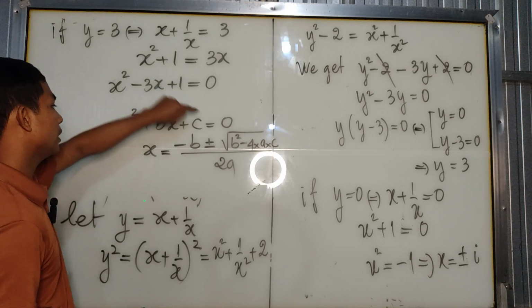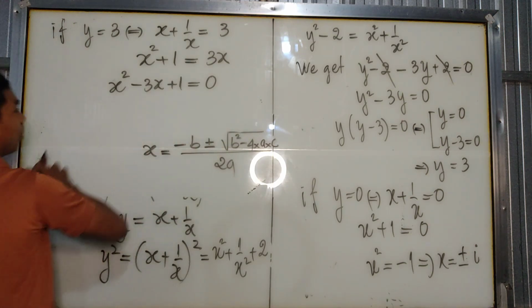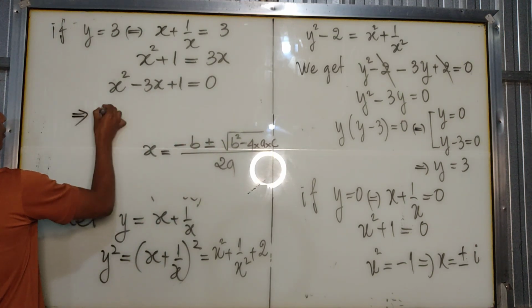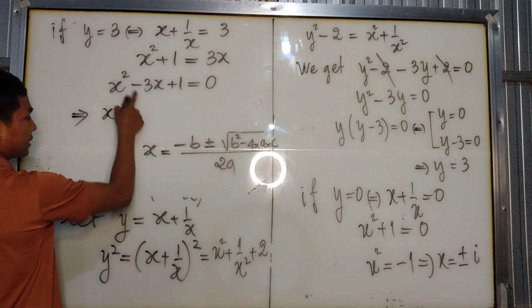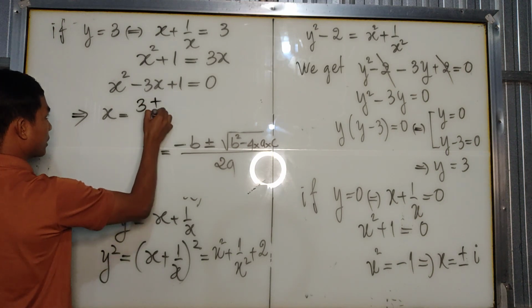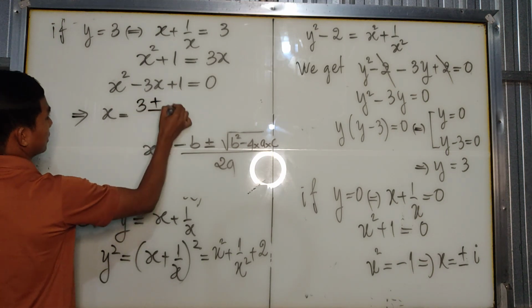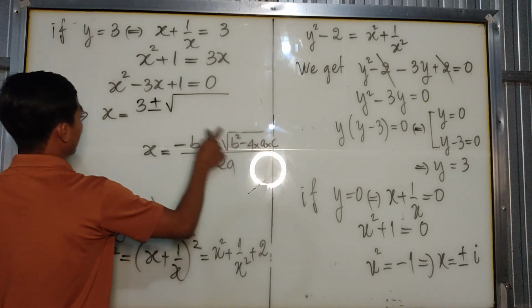So we replace in this rule, so we get x equals minus b. This minus and this minus, we get plus. So we get 3 plus or minus square root of b squared.